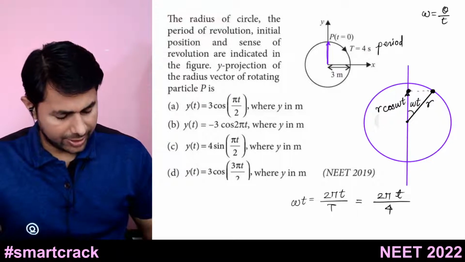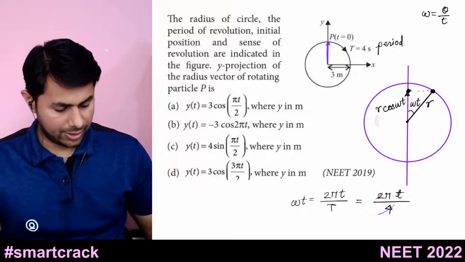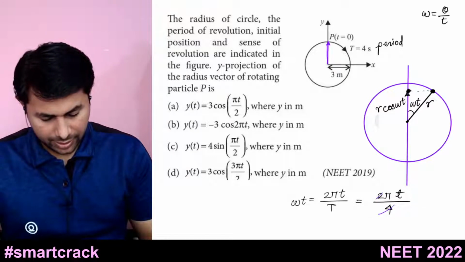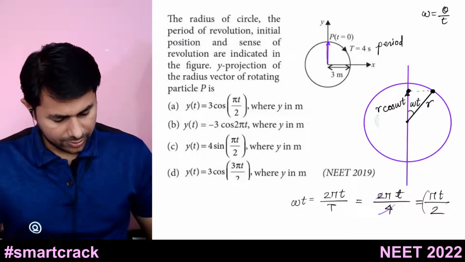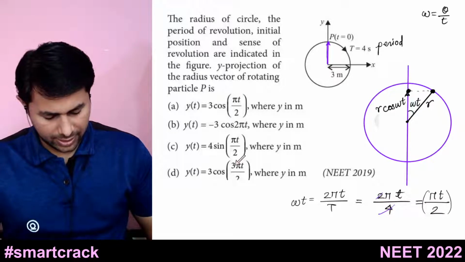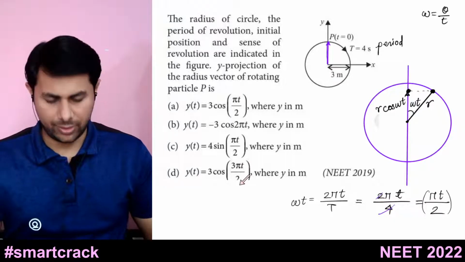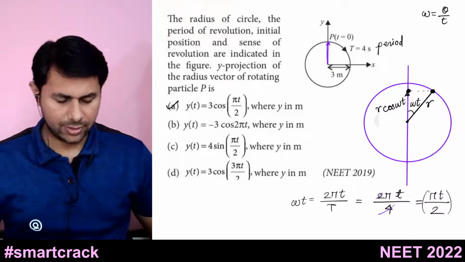You get 2 pi t upon 4, and 4 divided by 2 gives 2 in the denominator. So you have pi t upon 2. So omega t should be pi t upon 2. So this is the answer, not this one, where it is 3 pi t upon 2. So this is the answer, option A.